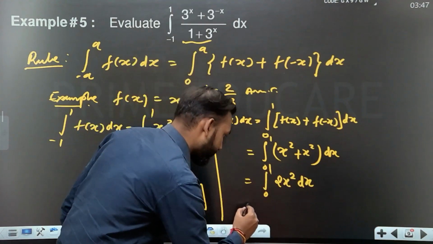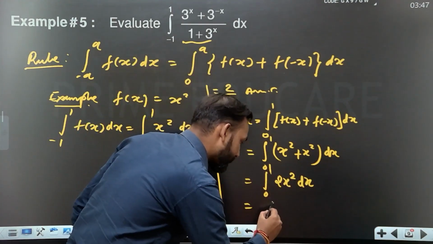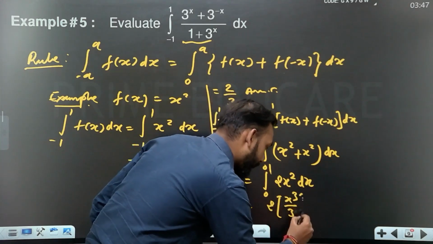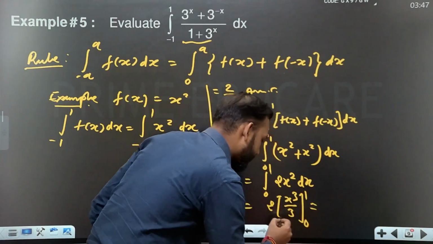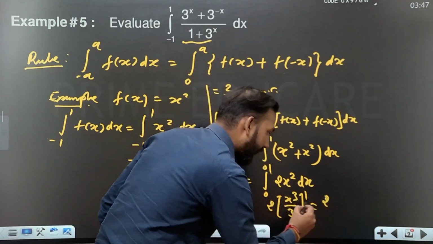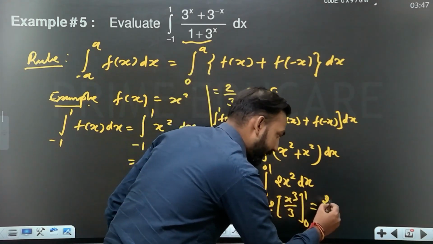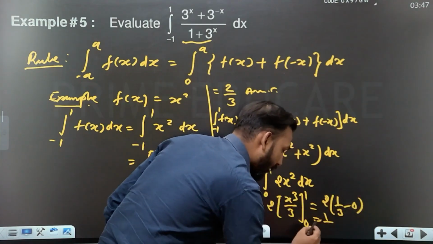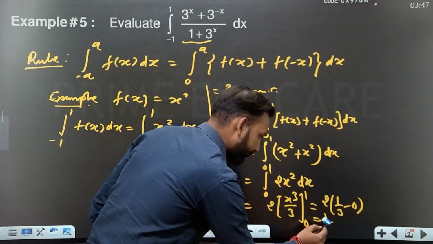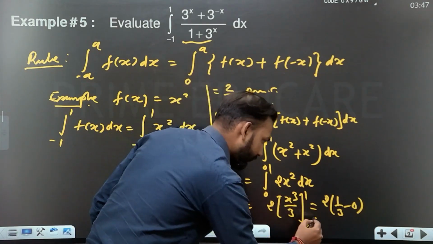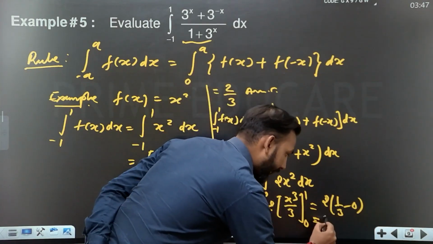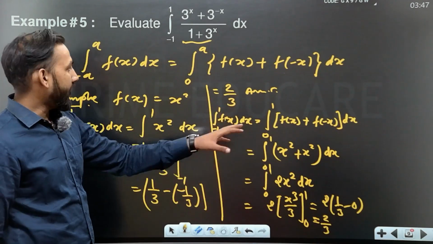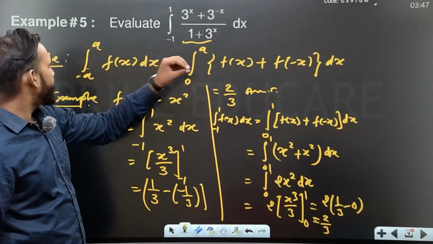The integral of this function is 2 into x cube over 3, and we put the upper limit, 1 over 3, minus 0, and we get 2 over 3. Yes or no? Yes sir, we get 2 over 3, and earlier we also got 2 over 3. So this identity is verified.